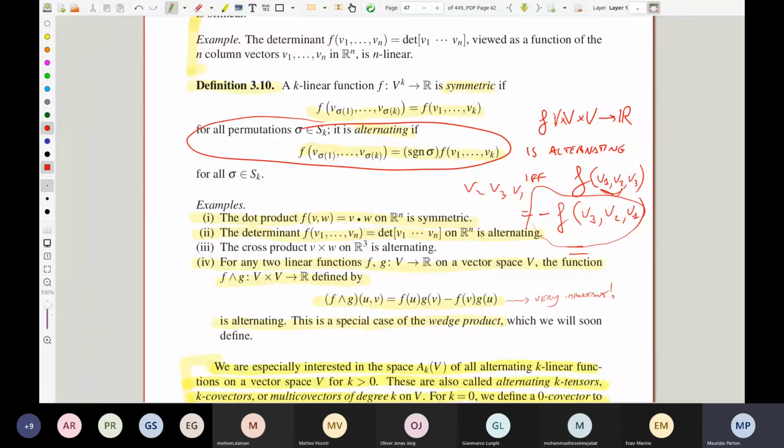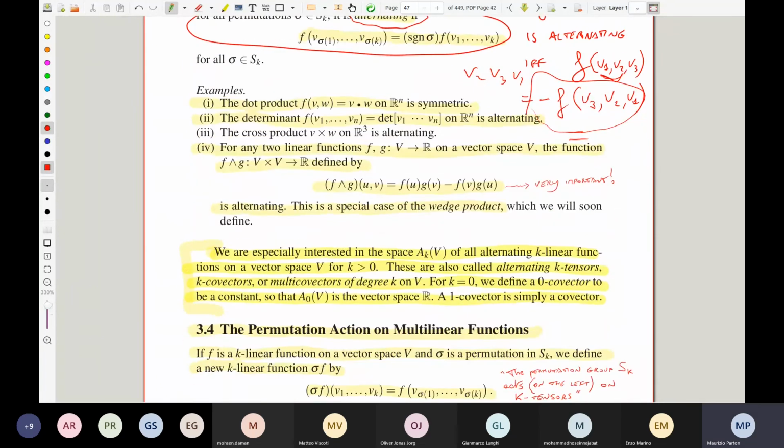Okay, so we are interested in alternating multilinear functions. We are especially interested in the space of alternating multilinear functions, so interested that we give it a name and a symbol. The name is alternating k-tensors, or k-covectors, or multi-covectors of degree k on the vector space, and the A stands for alternating, of course.